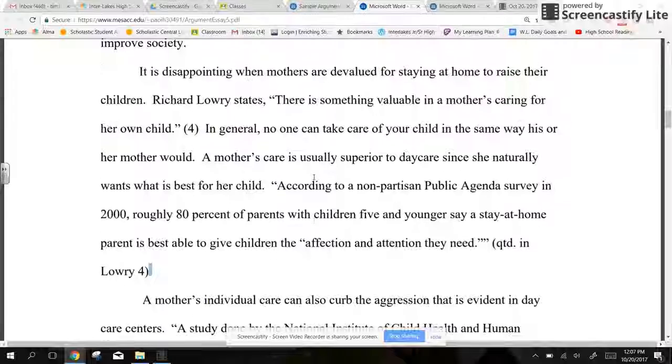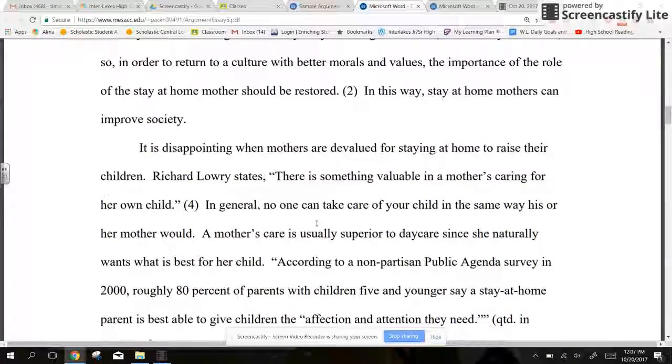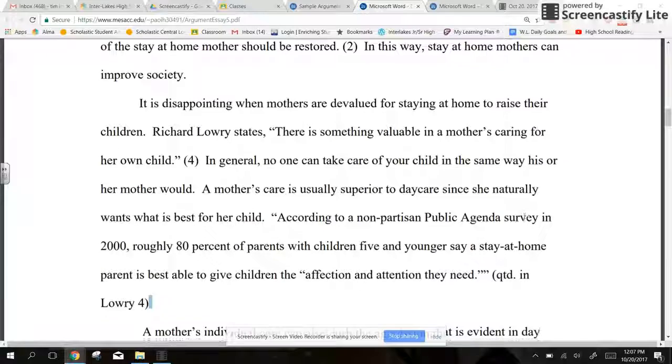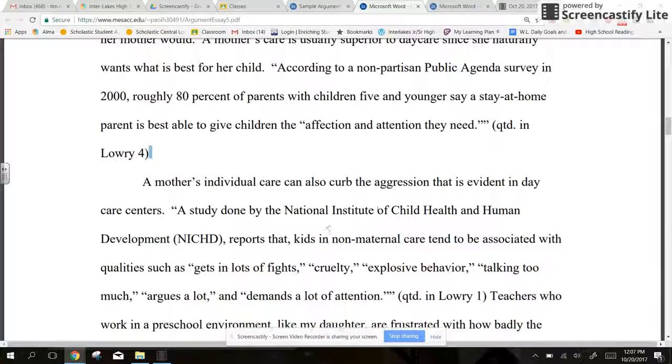In the previous paragraphs, I'm not sure what makes this Lowry or the, who was it, Neiman, an expert source. That part is yet undefined. I really liked the idea that there was a national institute as a source. That worked on me. Whether or not they are valuable still remains to be seen.